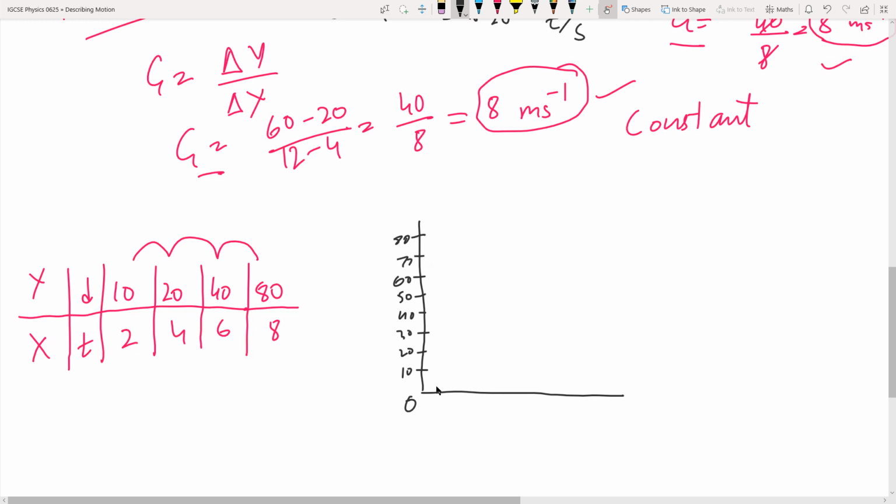Now let's plot time as intervals of 1: 1, 2, 3, 4, 5, 6, 7, 8, and 9 as an extra. Over here time is in seconds and distance is in meters. Now let's plot these values.